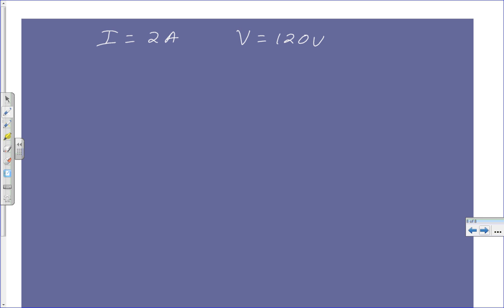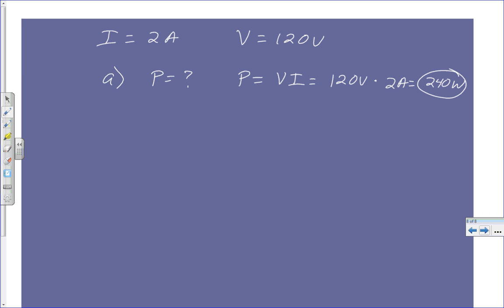Letter A wants to know how much power the set uses. For that, we can just use power is equal to voltage times current. So 120 volts times 2 amps. That's 240 watts of power.